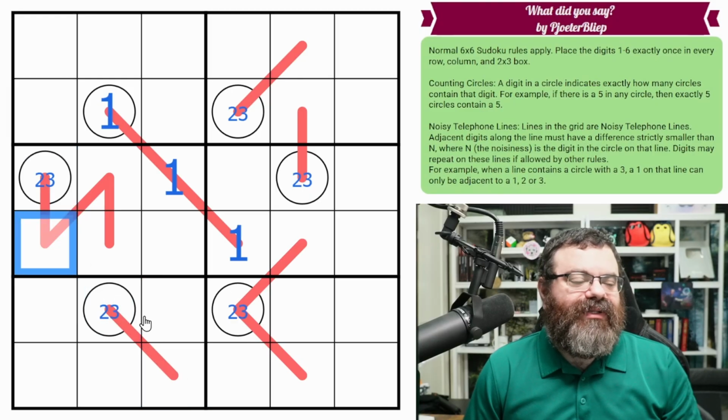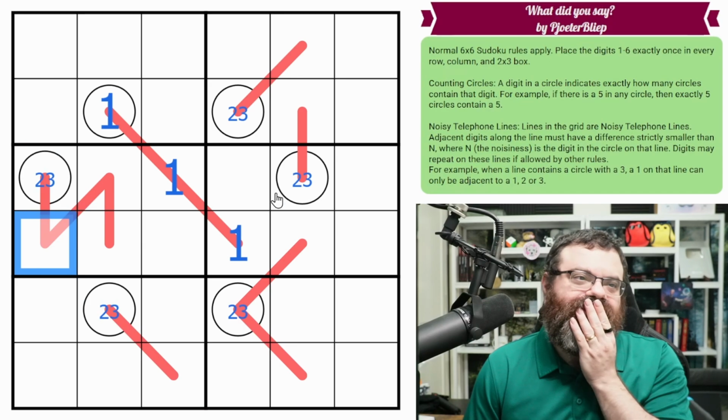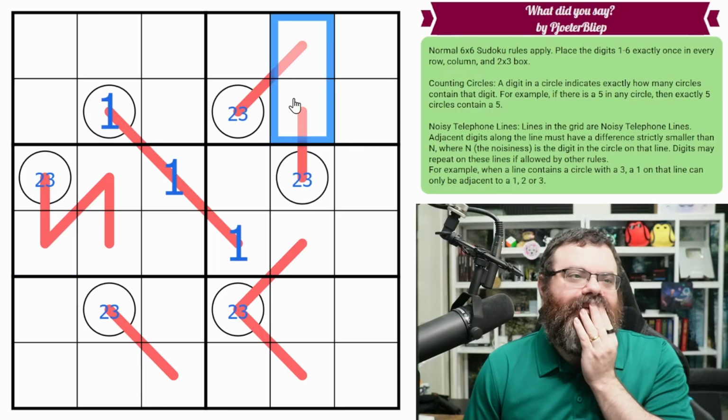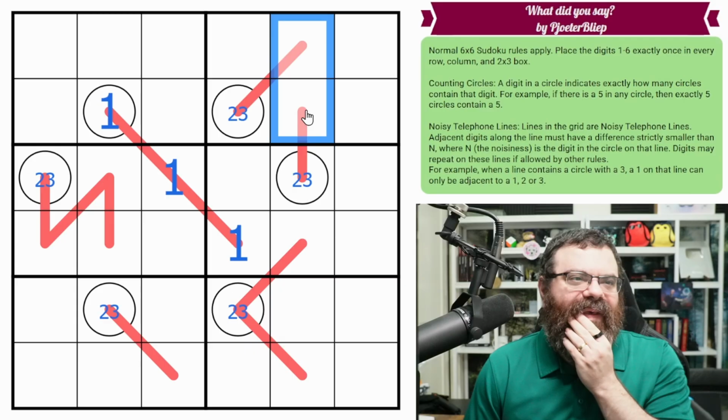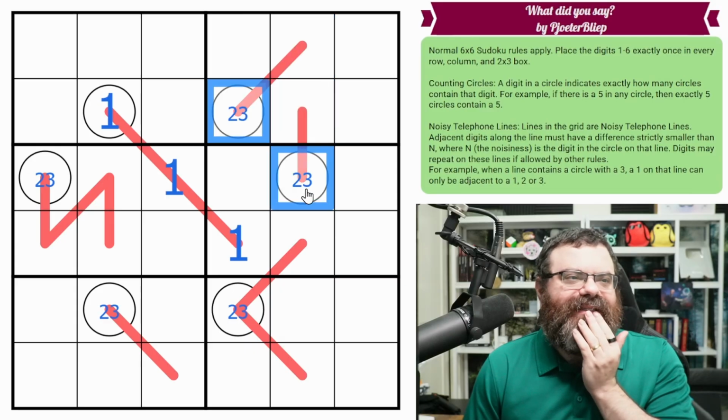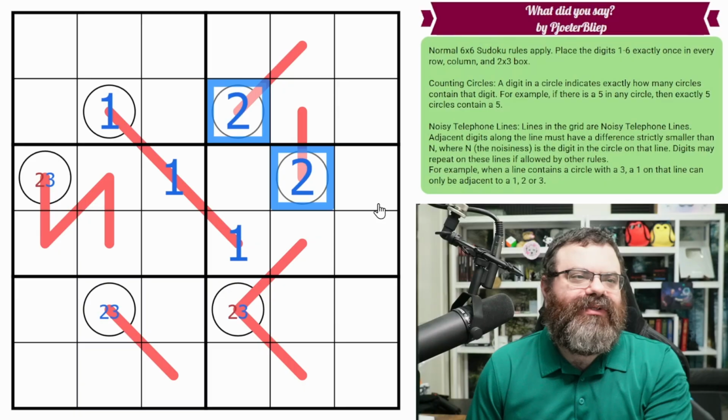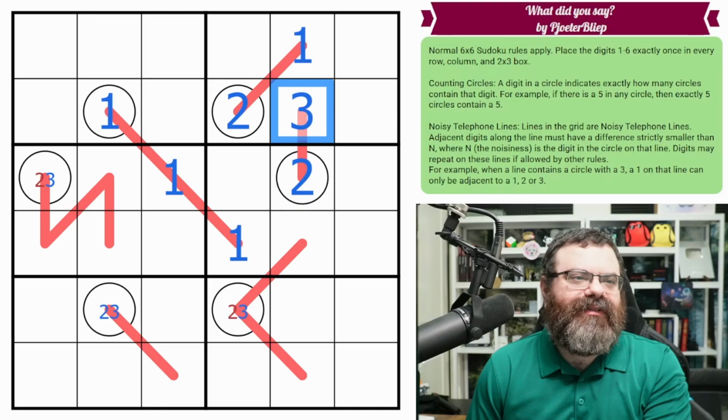So next to the 2 is always going to be either a 1 or a 3. You'll notice that here, that means that one of these is a 3 at least. Because if both of these were a 2, wait, is that true? No, I could do 1 3. No, that works.